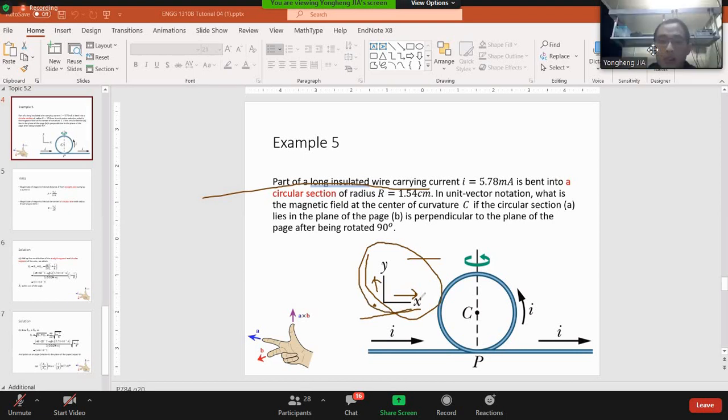Yes. Okay. For the direction K, you should again use the right hand rule for this coordinate system. So you can use the X. I don't know how to show you. Do you know the right hand rule? So the thumb is the K direction.